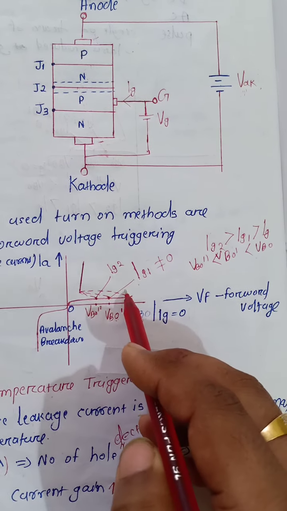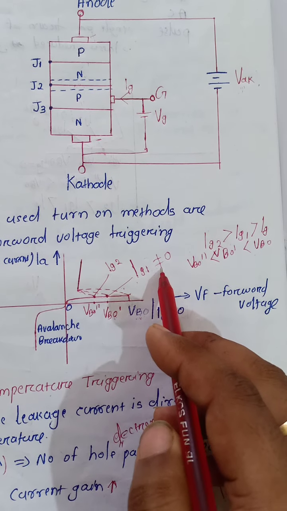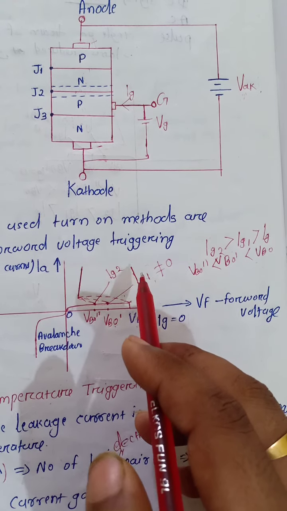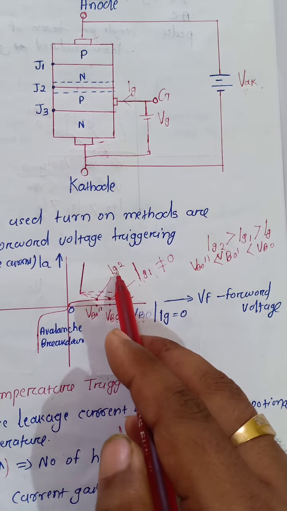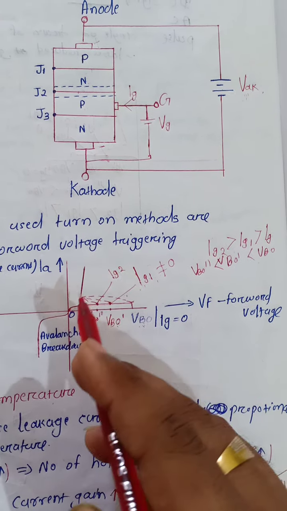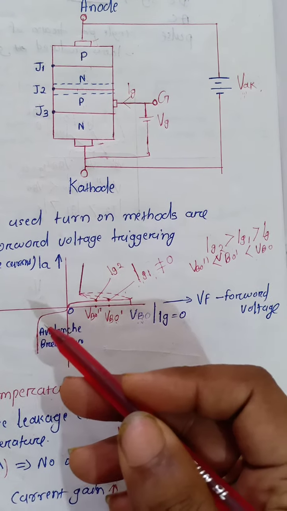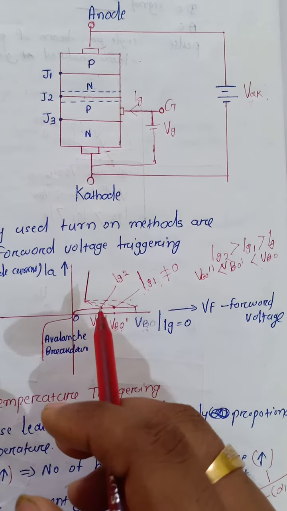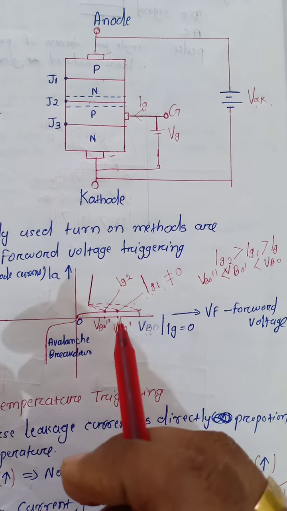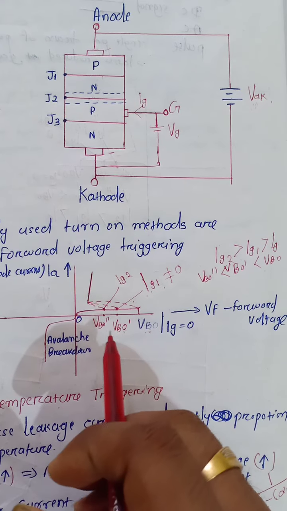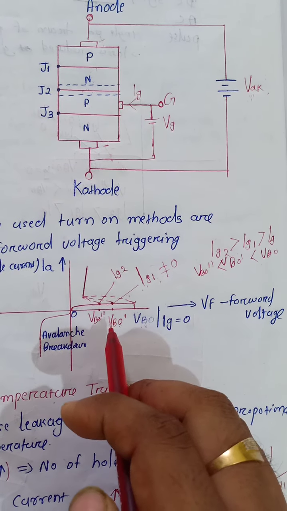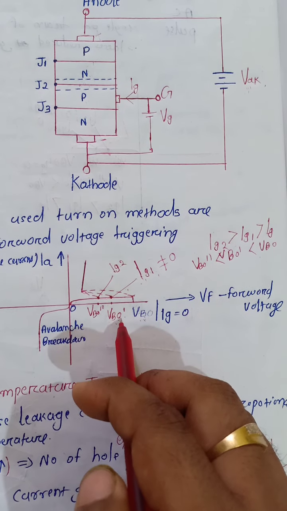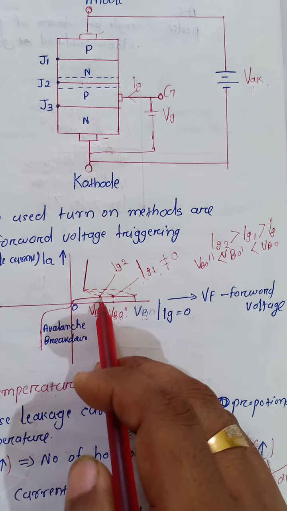When I increase the gate current value to Ig2, which is greater than Ig1, more electrons will enter the J2 junction, so the leakage current will be more. So even at a voltage less than VBO dash, the J2 junction will be conducting.